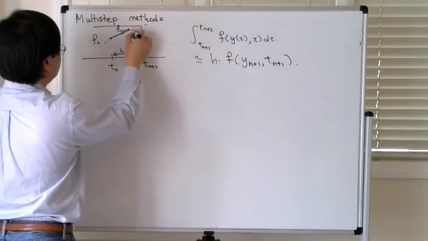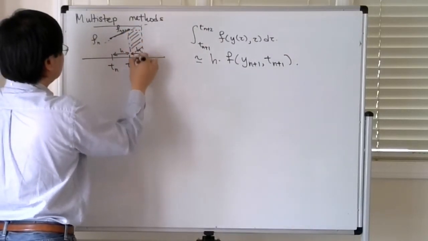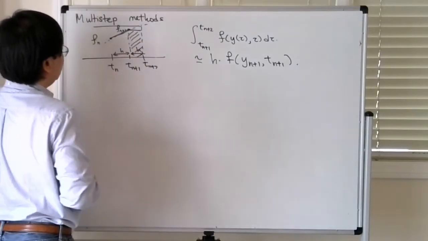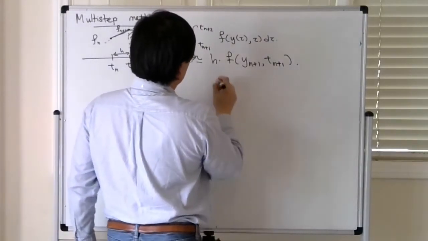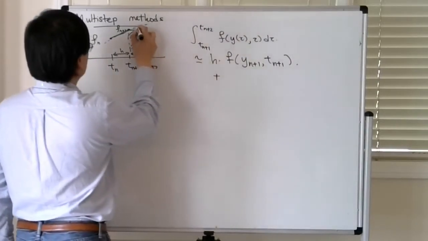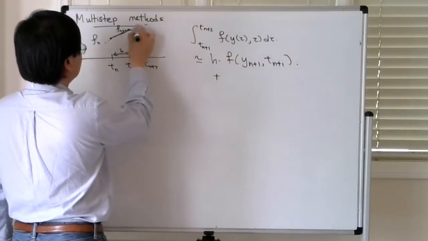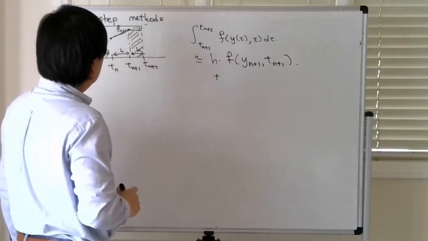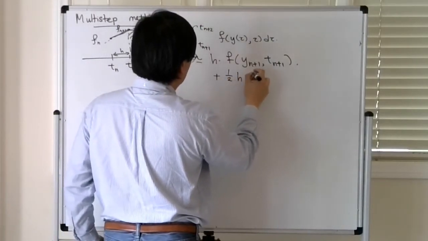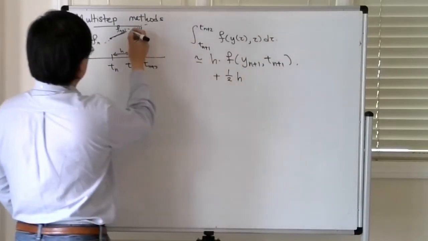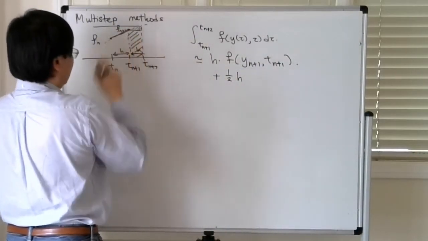You can break up the integral into a rectangular region, which is h times f at n plus 1, plus a small triangular region at the top, which is 1/2 h times the difference between f at n plus 1 and f at n.